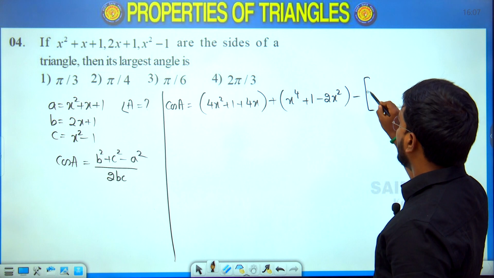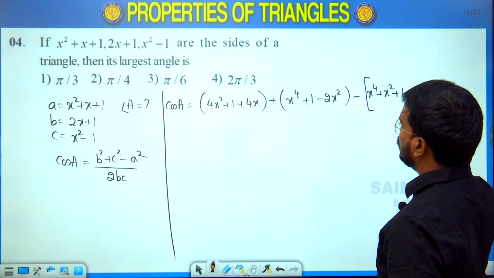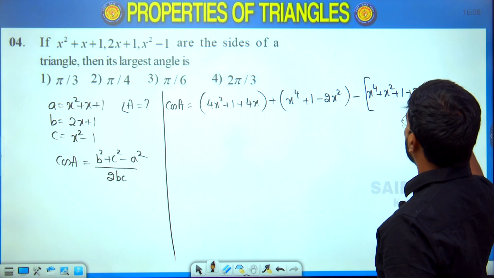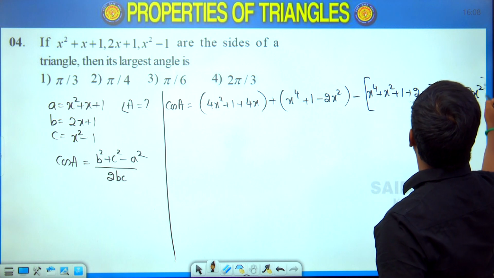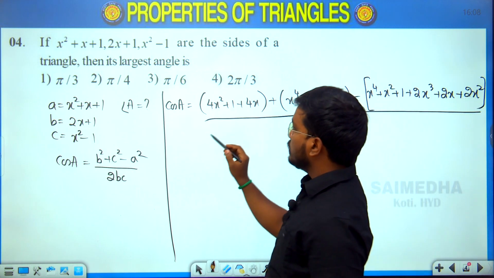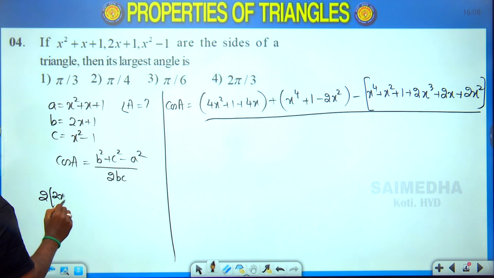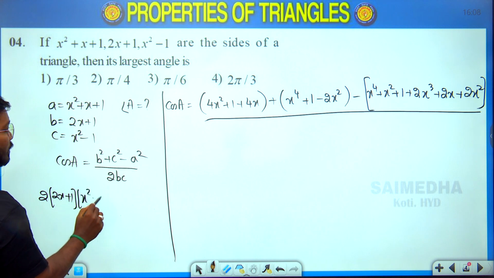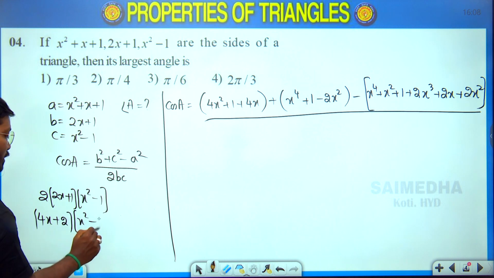Now the whole numerator is divided by 2bc. That means 2 into 2x plus 1 into x square minus 1. If you multiply 2 into 2x, 4x plus 2, into x square minus 1.